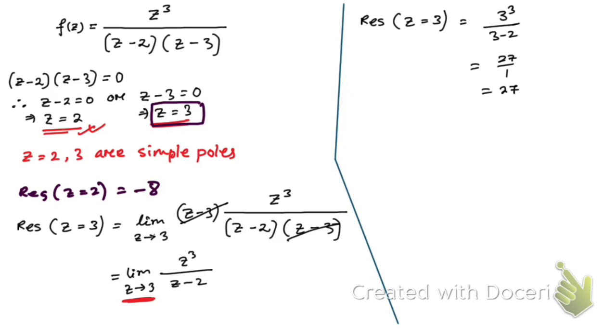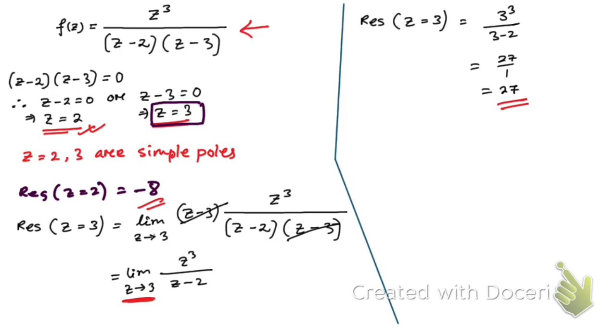So when you need to find the residue, if you are asked to find the residue at each pole, these are the two residues at the poles of this function. And if it is mentioned to find the residue only, then you have to add the residues. You need to find the sum of residues.